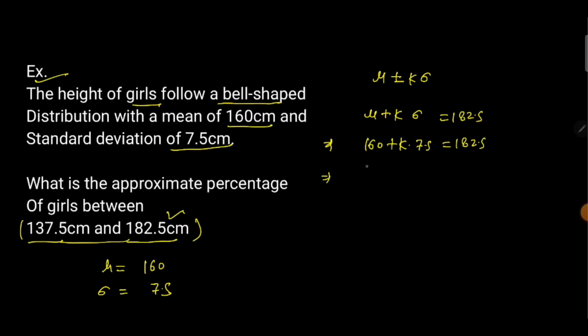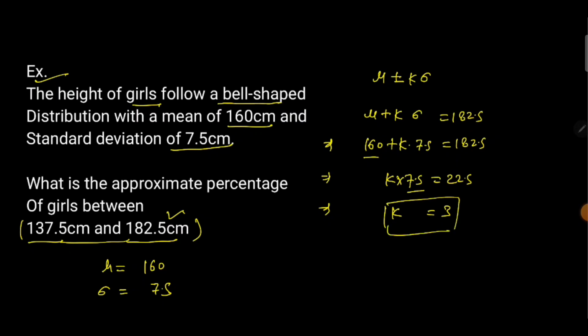Now subtract 160 from both sides, so we get k into 7.5 equals 22.5. Now divide by 7.5 on both sides, so we get k equals 3.